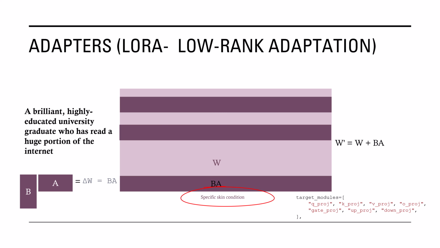The graduate's core brain remains unchanged, but they can refer to this highly efficient module when needed. This is what is happening in an LLM, right? We keep all the intelligence of the LLM as is and just add some extra knowledge to it, like how to figure out a specific skin condition.